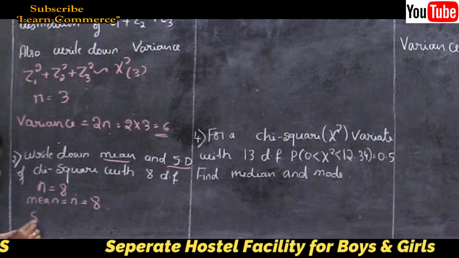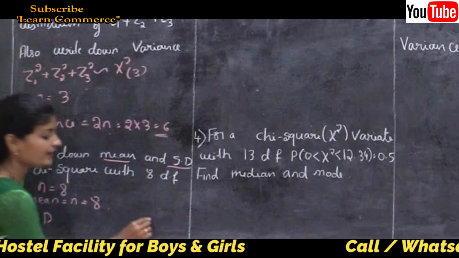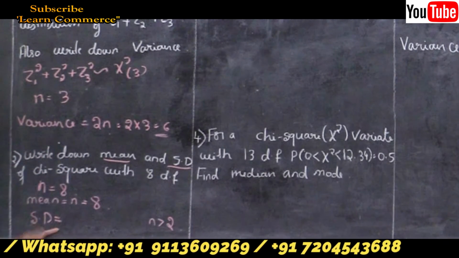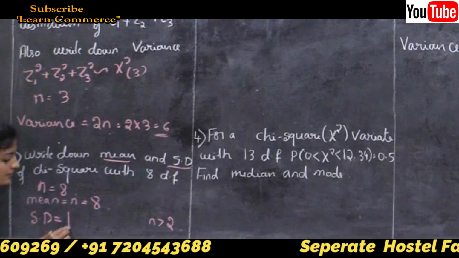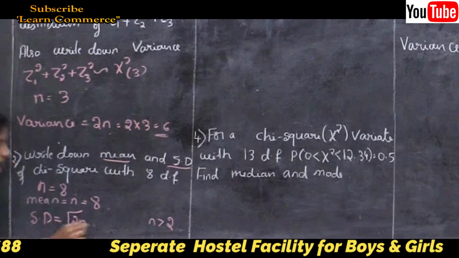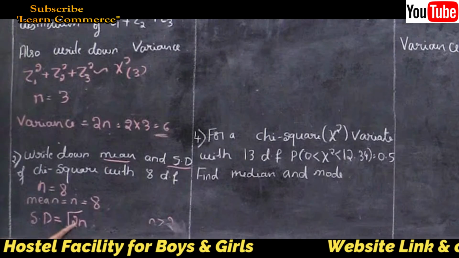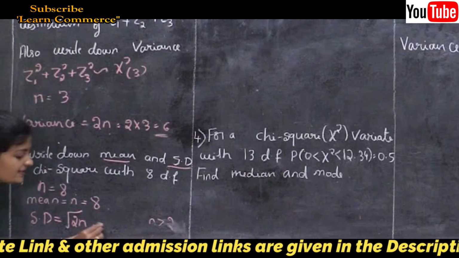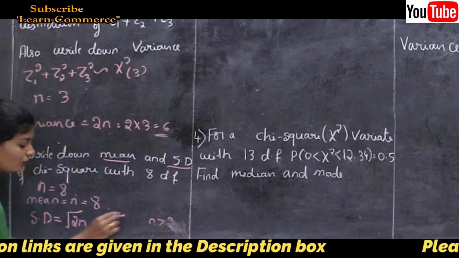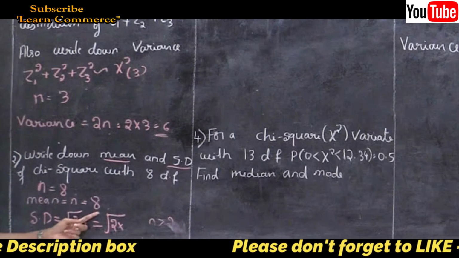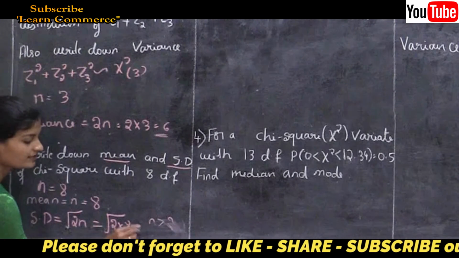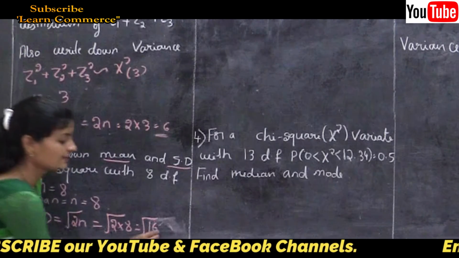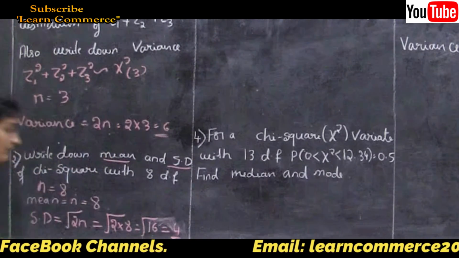Then the standard deviation formula, where n is greater than 2, is the square root of 2n. We know that variance is 2n, so standard deviation is the square root of 2n, which is equal to the square root of 2 into 8, which is the square root of 16. The square root of 16 is 4. So the standard deviation is 4.